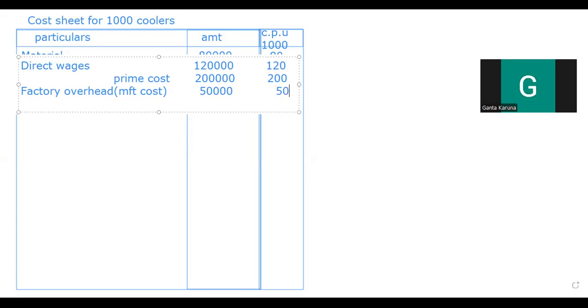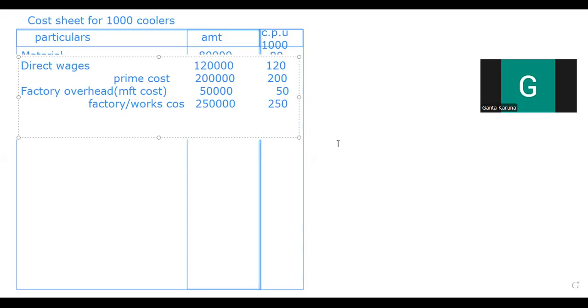Now this is done. Now this one we are going to call what? We are going to call it factory cost or works cost. So how much am I going to get? I'm going to get 2,50,000. And again, this divided gives me 250 rupees.